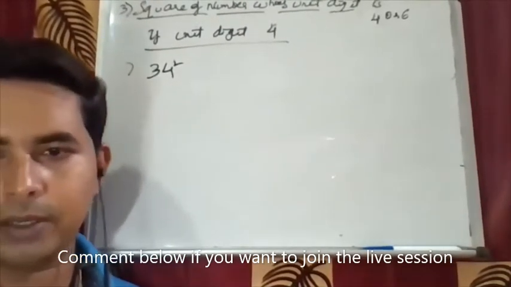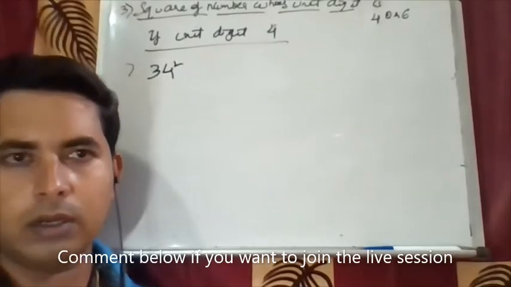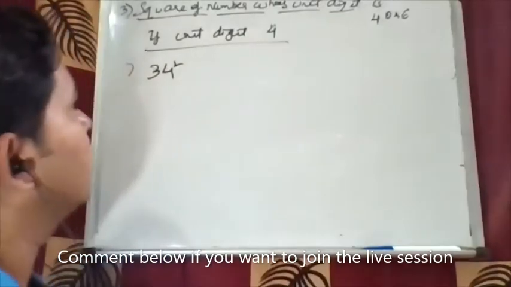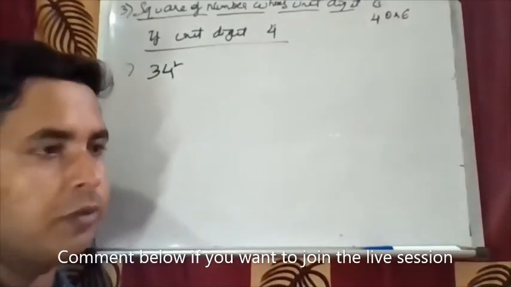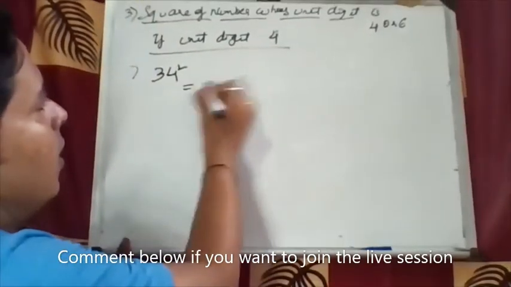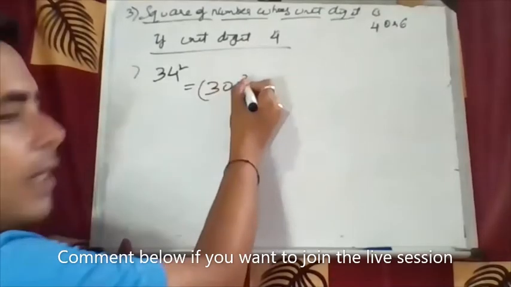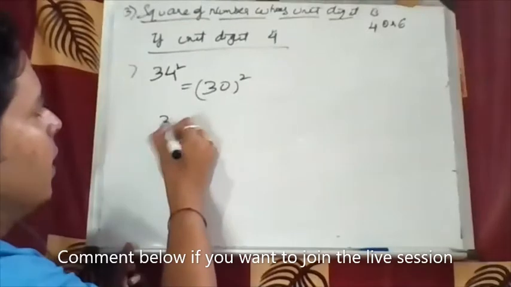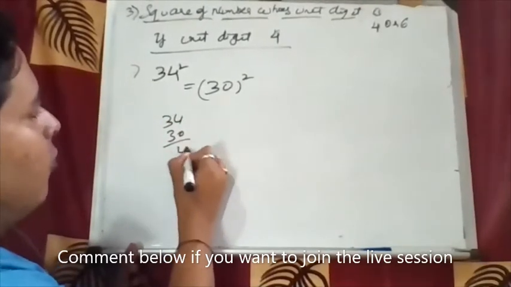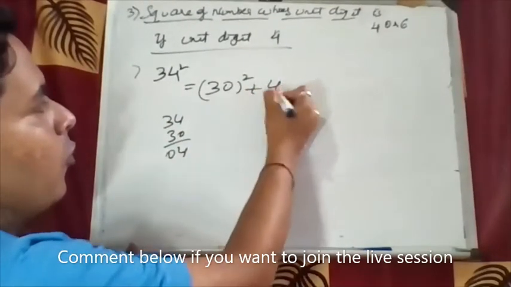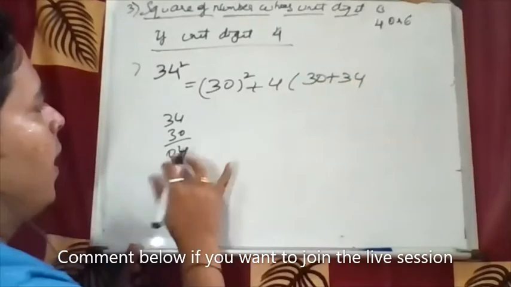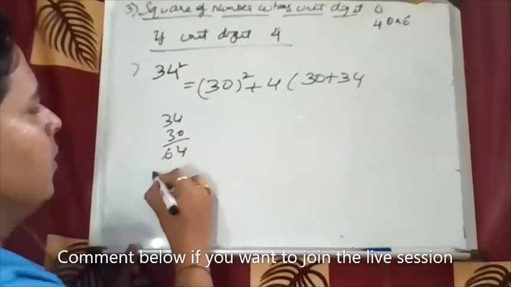The base number is 30. Then the difference between 34 and 30 is 4. So I'll take 4 and add the numbers, 30 plus 34, which is 64.